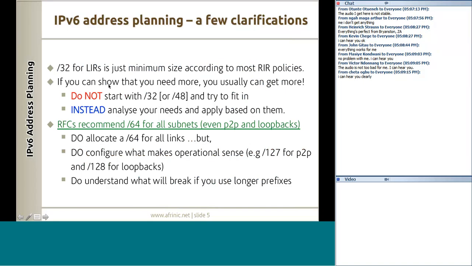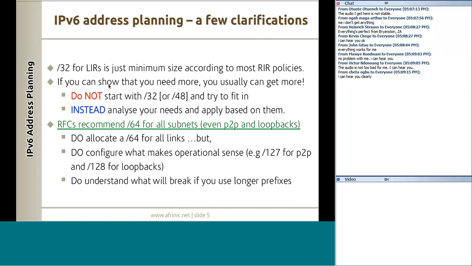So before I go on, I would like to give a few clarifications. Quite often I see lots of examples of IP address planning in which people just go ahead and assume that they have a /32. It's important to know where this /32 comes from. Most RIR policies, including AFRINIC's, set a /32 prefix as the minimum size that an ISP or an LIR can request from AFRINIC.